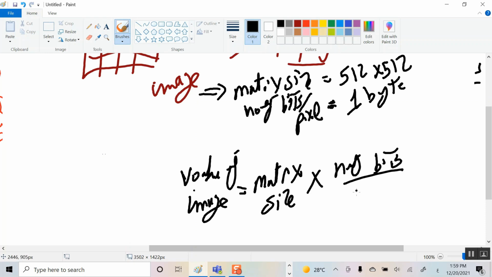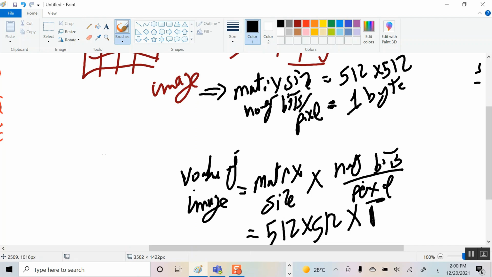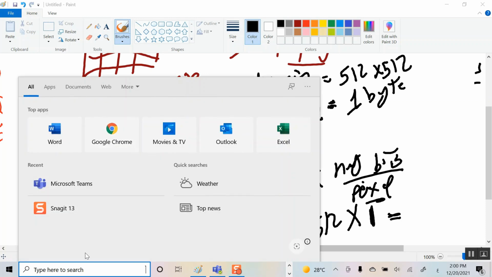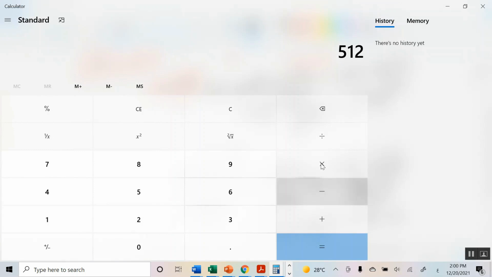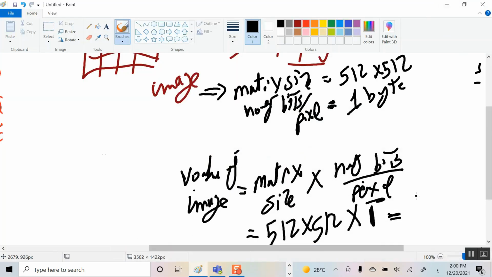Here, if I express it in bytes, 1 byte, that equals 262,144 bytes.